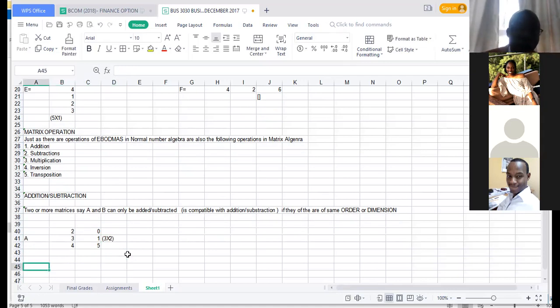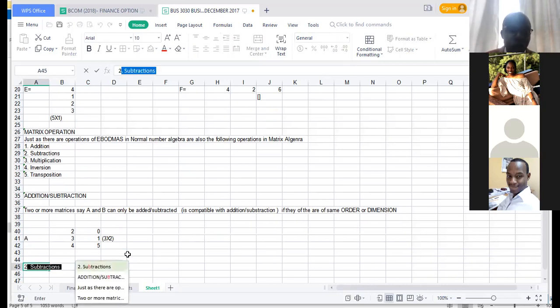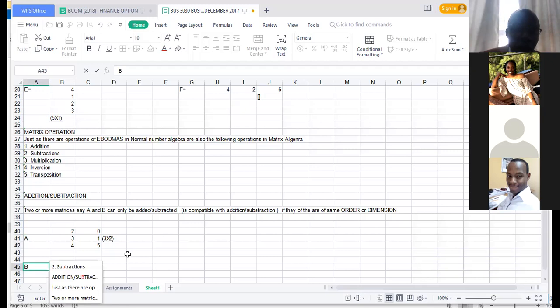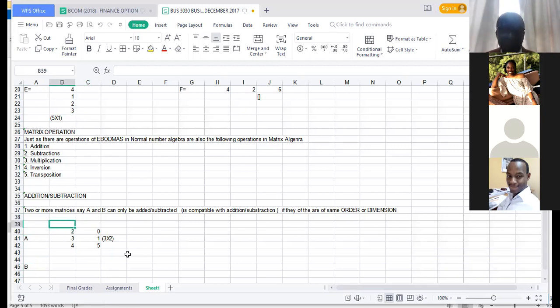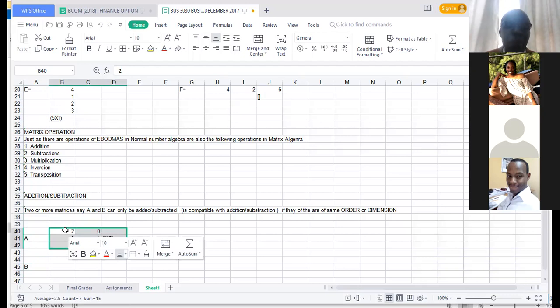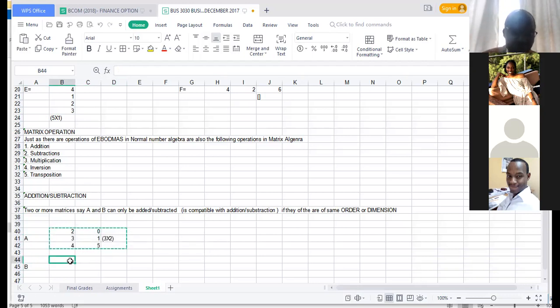Then let's consider another matrix B. B should be which order for it to be added to A? 3 by 2. So I'll have my B here. Let's just copy this. It can be anything.